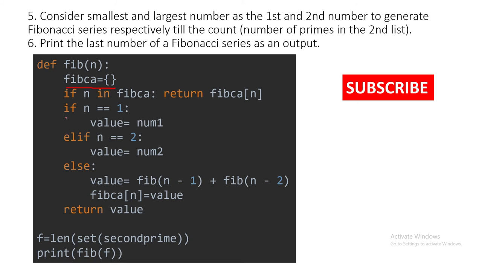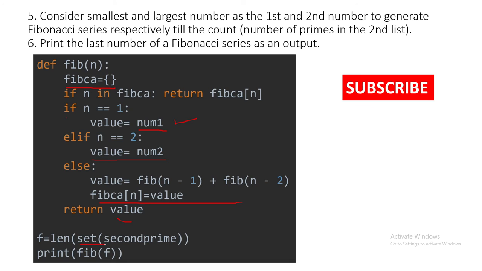So what we are going to do, if n equals 1, num1 is our smallest number, so we are going to return the value 23, and num2 is our largest value. If n is 2, Fibonacci of 2 will be 3719, the largest number, and we'll calculate Fibonacci and return the value just like this, and we have to calculate the length, right?